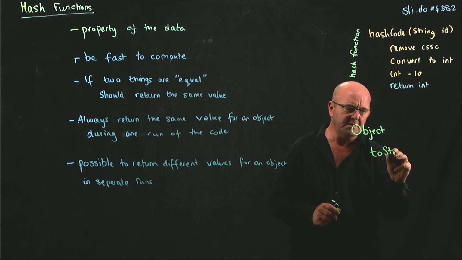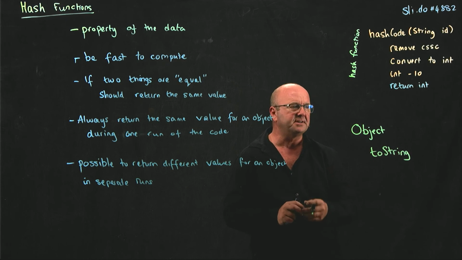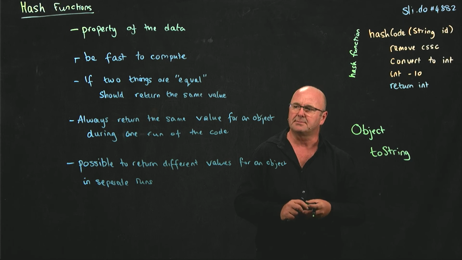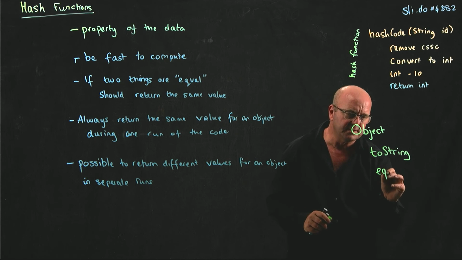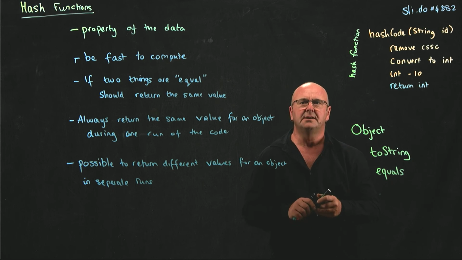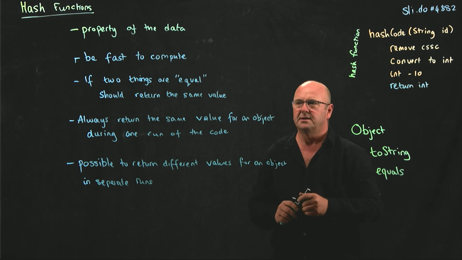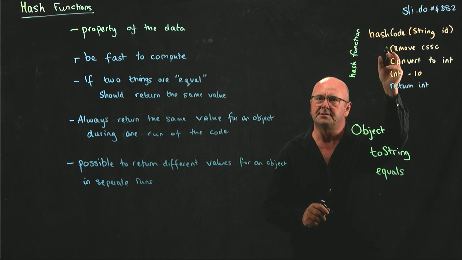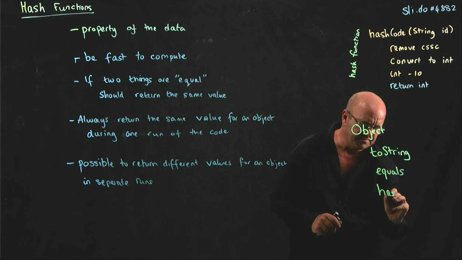So toString. So if you want to try and print something out, you need to overwrite the toString method, otherwise you'll just get the memory location. Equals. The way the object compares whether two things are equal is based on its memory location. Hash code. Excellent.